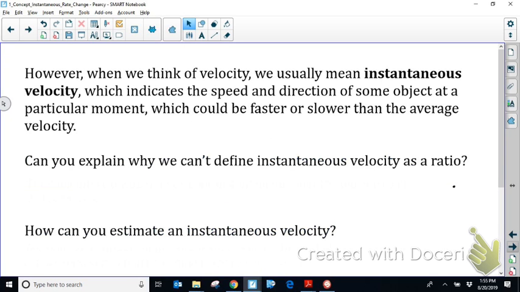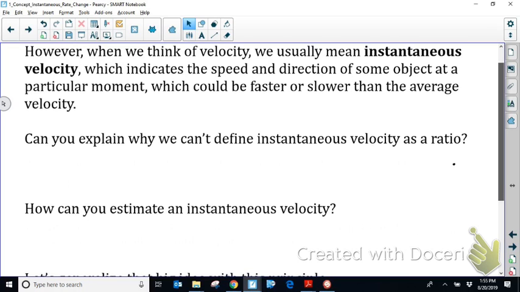But before we move on, what I'd like everybody to do as a challenge to themselves is read the questions. Here we are going to understand that we can't actually identify a perfect instantaneous velocity, because it's happening at a given instant in time.